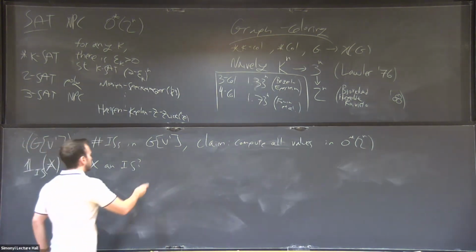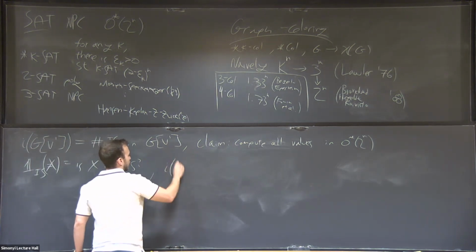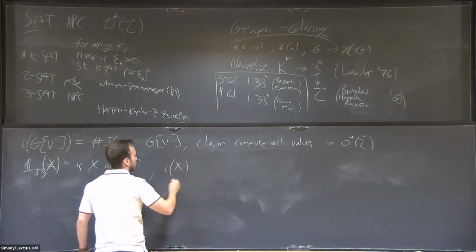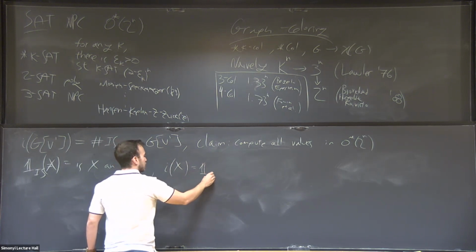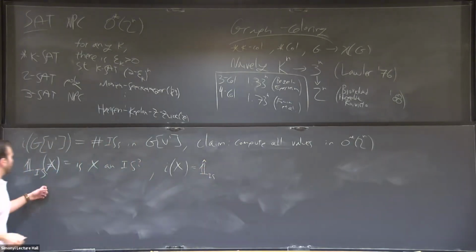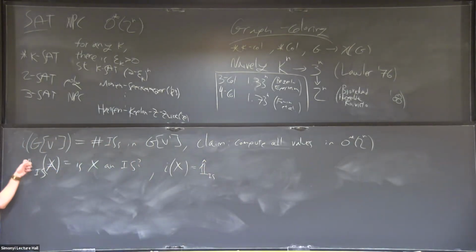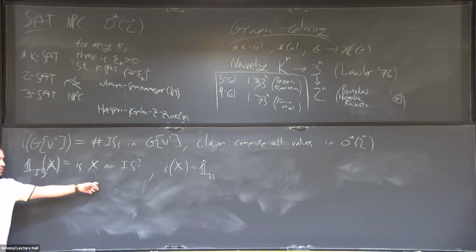And the function we see above, this I, abuses notation. X is a subset of vertices. I want to compute it for all values of X. You can compute this for all subsets of vertices in 2 to the n time.